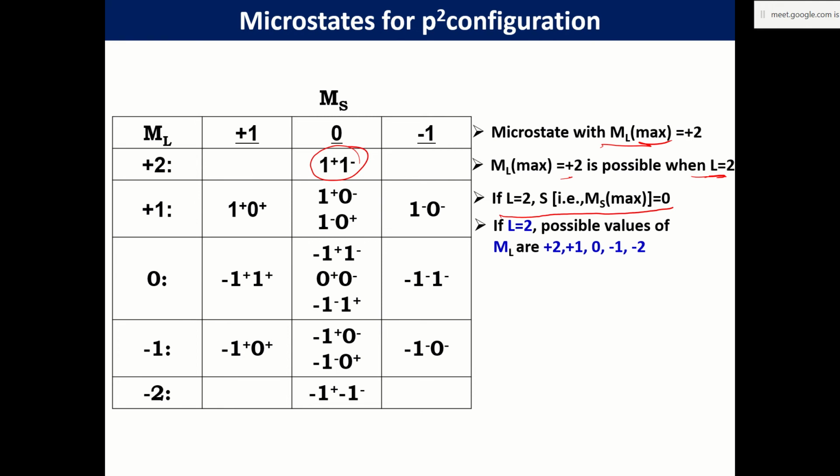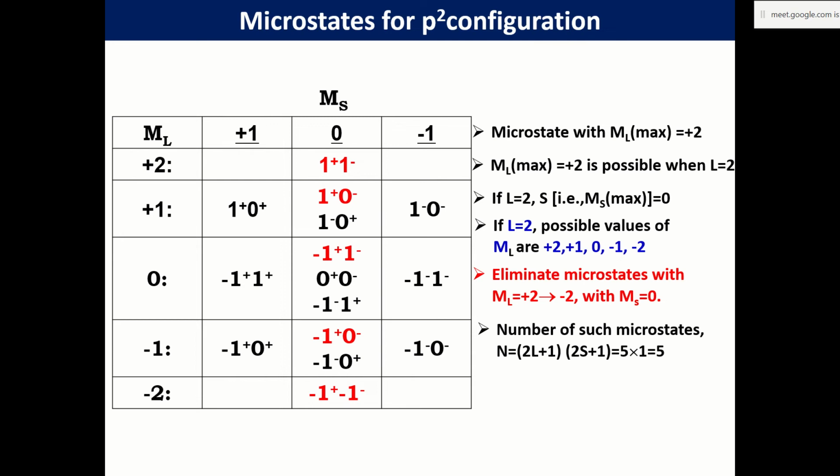The possible values you can write are plus 2 to minus 2, and so you can go on eliminating the microstates from plus 2 to minus 2, having ms 0. If you look at the red ones, you are getting all of them. So eliminate all these red ones, and write the new table.